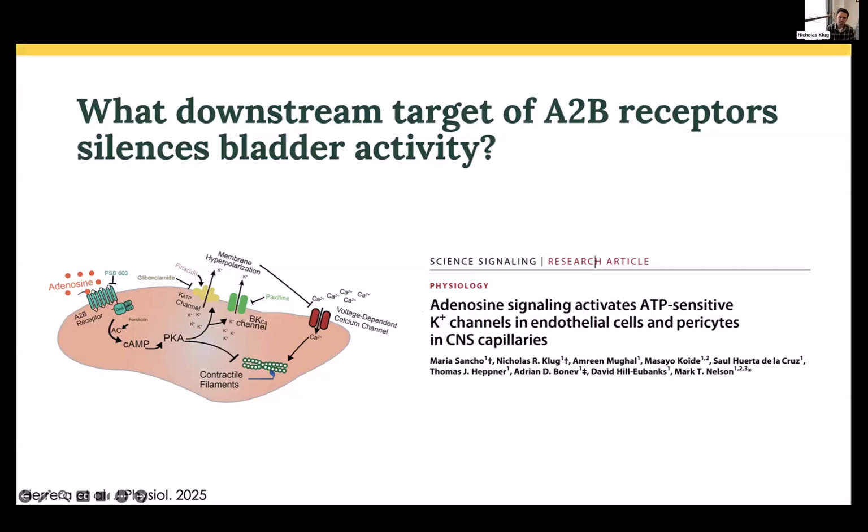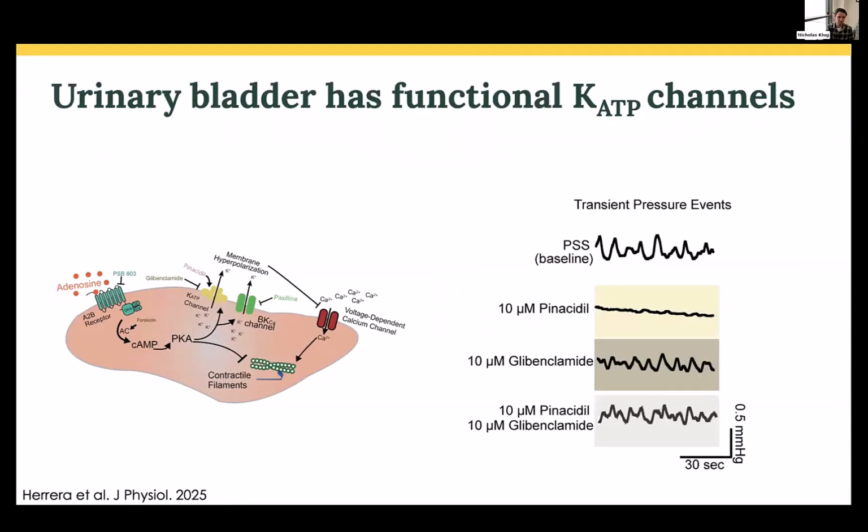So then we asked, what is the hyperpolarizing ion channel downstream of A2B receptors within the bladder smooth muscle cells, and we naively assumed it would be the KATP channel in bladder smooth muscle cells as well. So we first functionally characterized that KATP channels are in the bladder smooth muscle cells.